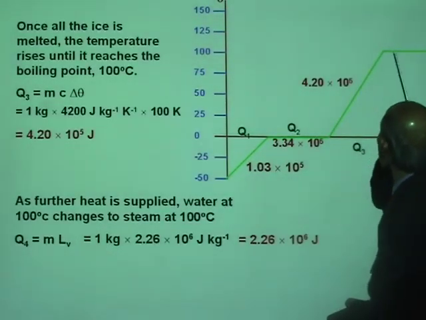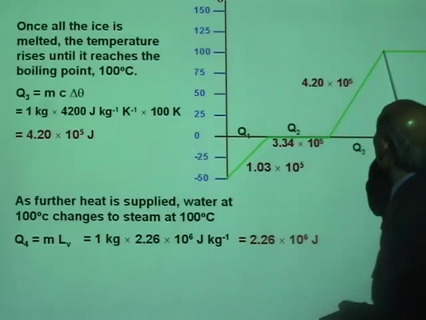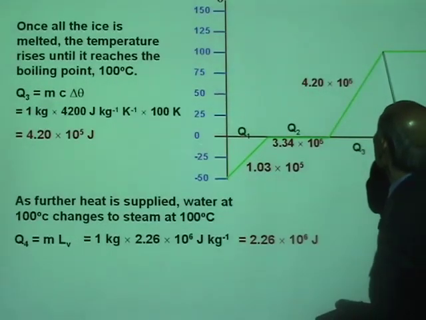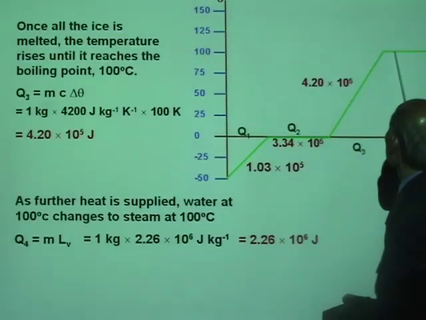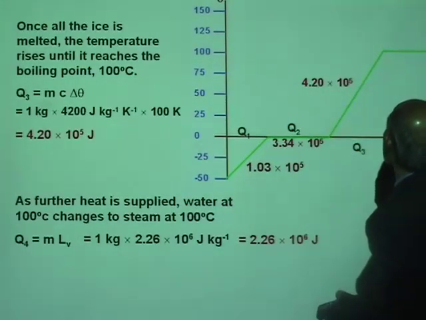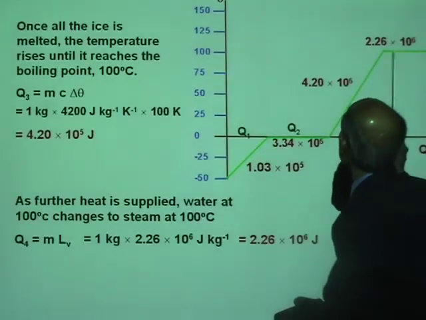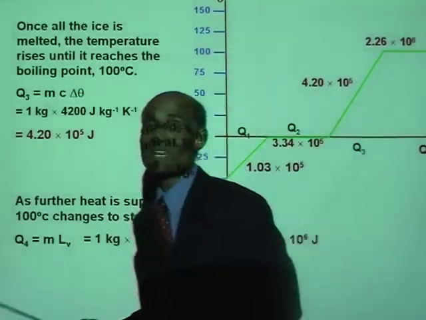There you are. So at this point where I'm pointing, all of the substance is water. And the heat absorbed now gradually converts all of it to steam here. So all of the substance is now steam. How much energy? Is 2.26 times 10 to the 6.